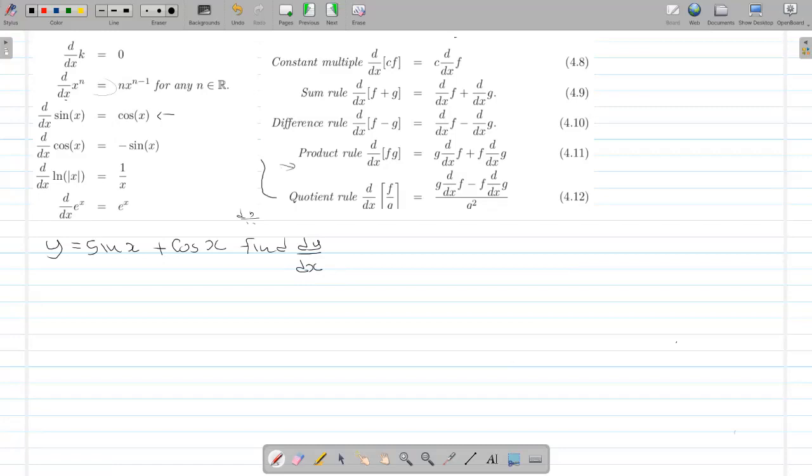So if I am given this one, this time I have to use the dash notation. Sin x plus cos x dash. Okay, this one again is not listed here. If it's not listed here, I have to go to this side and see what rule I can apply. Here there is some rule. Okay, it says what? The derivative of a sum is equal to the sum of the individual derivatives.